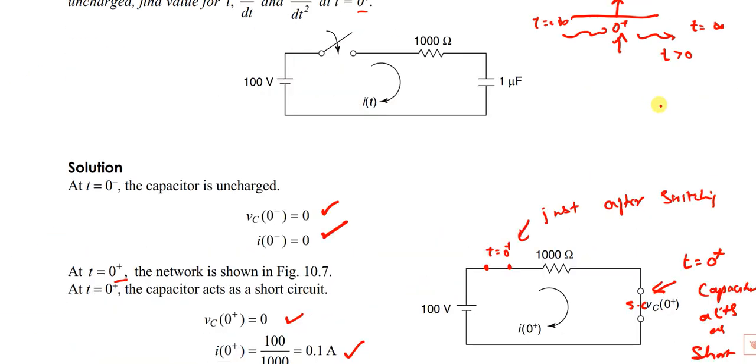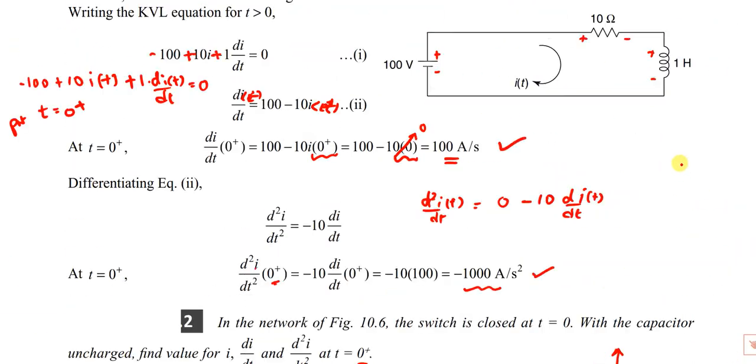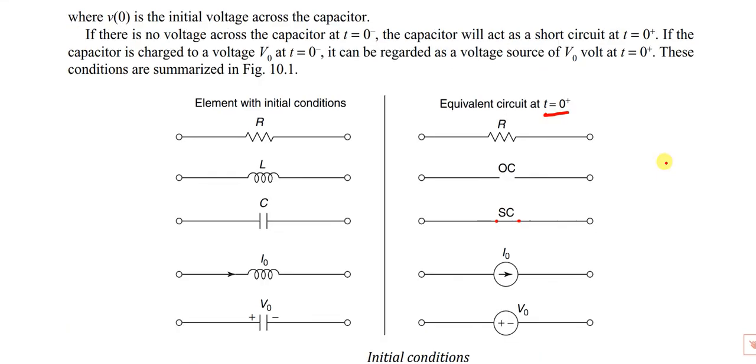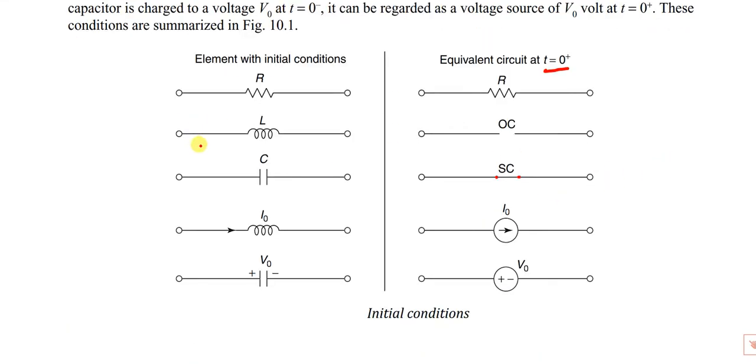So just remember this table for initial conditions. Resistance remains resistance, no change. Just after switching, the inductor acts as an open circuit and the capacitor acts as a short circuit. You have to remember this. Assume the capacitor is like your battery: whenever you plug it in, it immediately starts charging, so it acts as a short circuit.